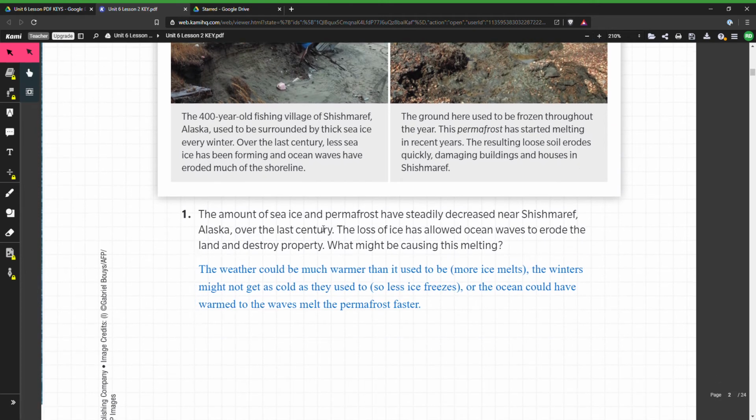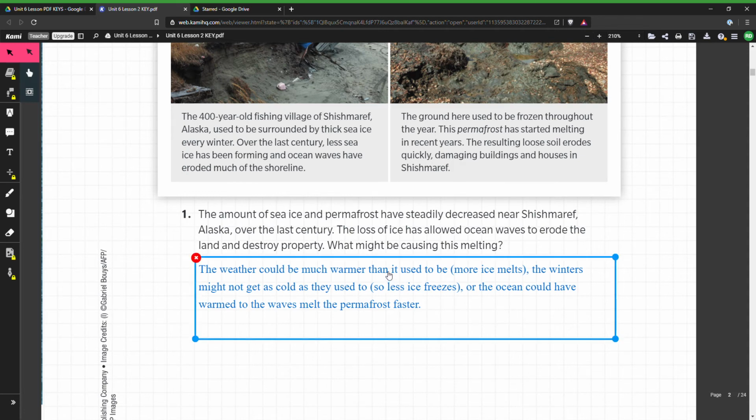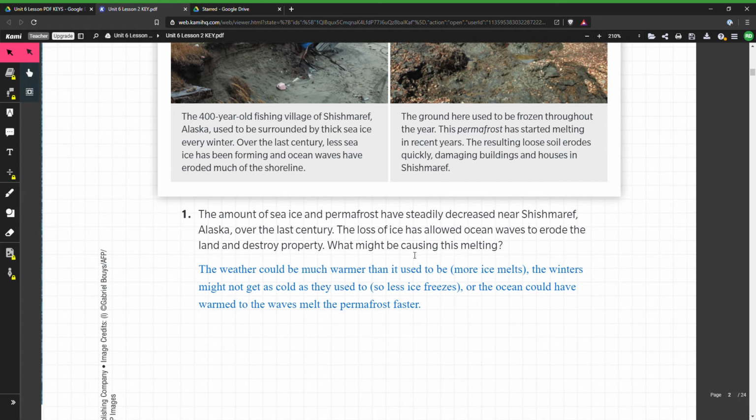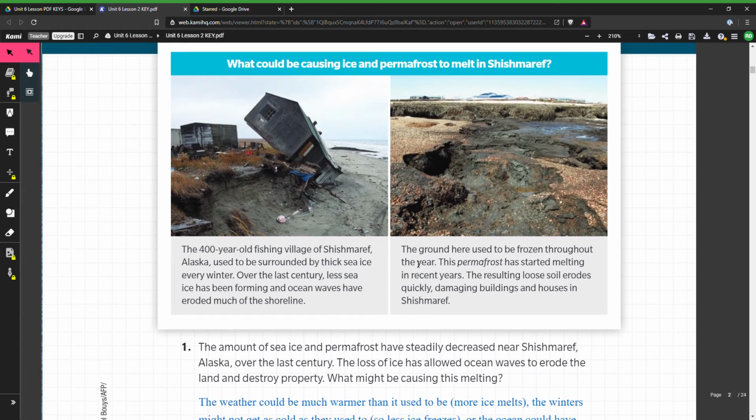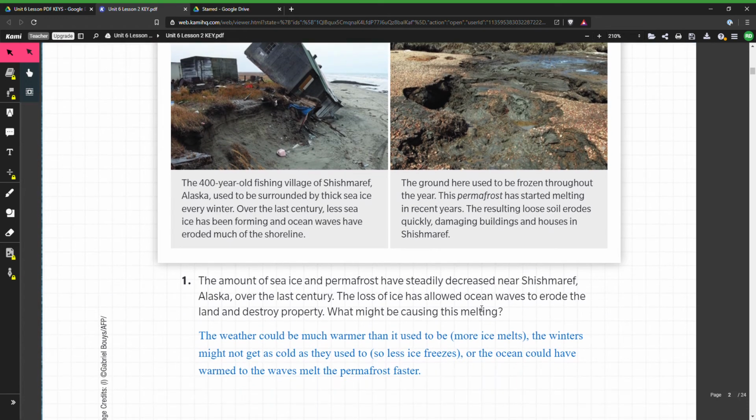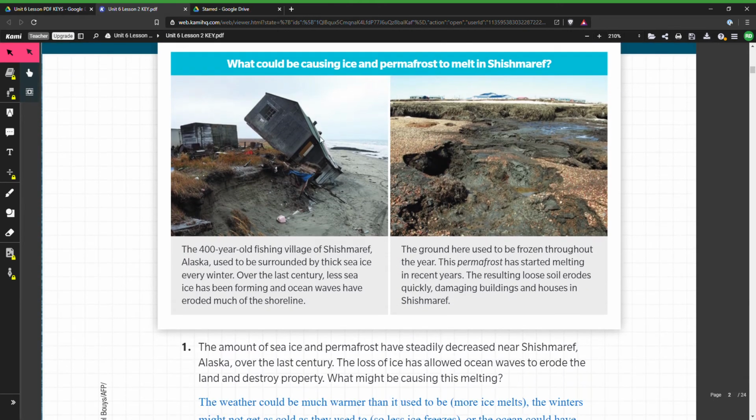So it says the amount of sea ice and permafrost has steadily decreased over the last century. How has the loss of ice allowed waves to erode the land and destroy the property? What might be causing this melting? So what I said was that maybe it's warmer all the time, or during the warm months like summer, maybe it is hotter, so more ice melts.